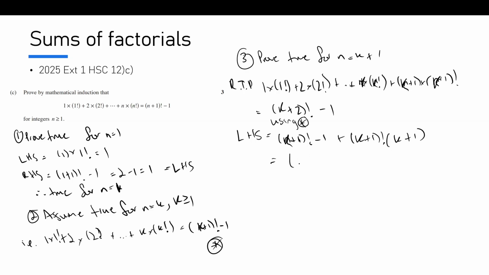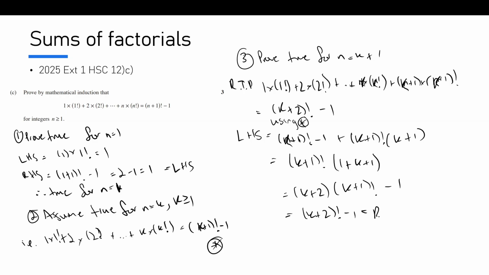And then by taking out a factor of k plus 1 factorial, we get 1 plus k plus 1, which is equal to k plus 2 times k plus 1 factorial minus 1. However, this is now just equal to k plus 2 factorial minus 1, which is equal to our right-hand side. Therefore, true by induction.